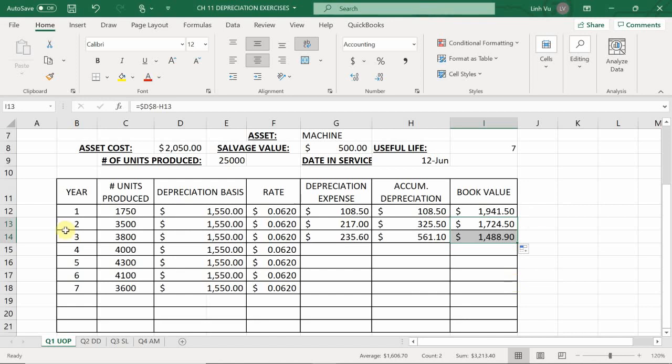Once again, let's solve for year 4. This time you produced 4,000 units.